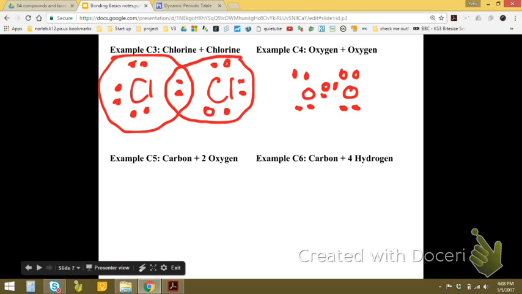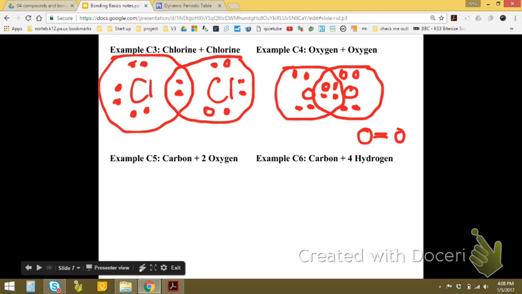So we have 2 electrons from both oxygens being shared. So now this oxygen has 8 and this oxygen has 8. So when that is written, you see 2 lines in the chemical formula or the molecular formula, and that shows that it has a double bond.